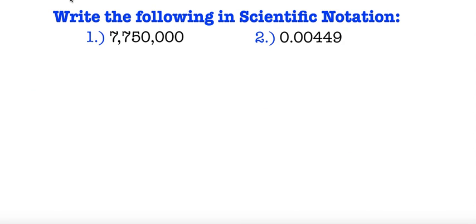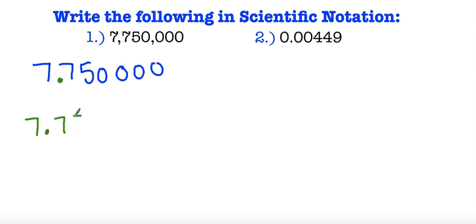So here I have two values, and this time I'm writing them into scientific notation. So they're currently in standard form. And in order to convert this to scientific notation, I know that my first value has to be between 1 and 9. So I'm going to place my decimal here because 7 and 75/100 is between 1 and 9.